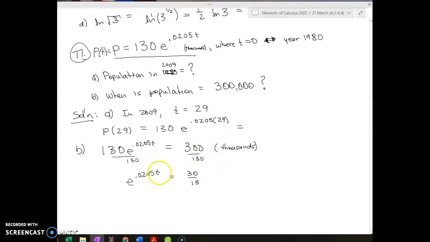And then to solve for t, we could take the natural log of both sides, because we've seen in our properties that the logarithm undoes the exponent. So the natural log of e to a power just leaves us with 0.0205t. And on the other side, we get the natural log of 30 over 13.